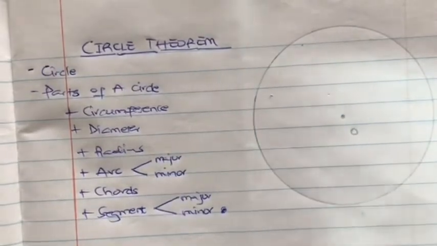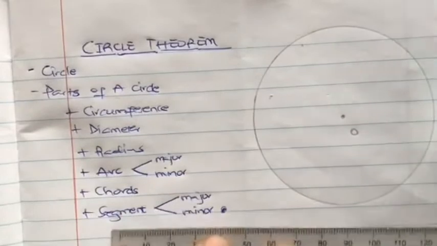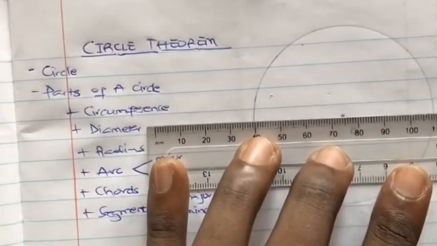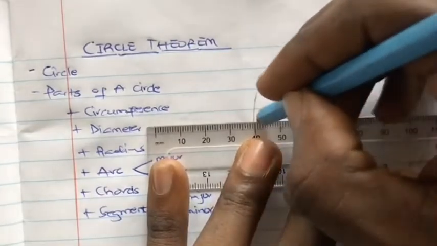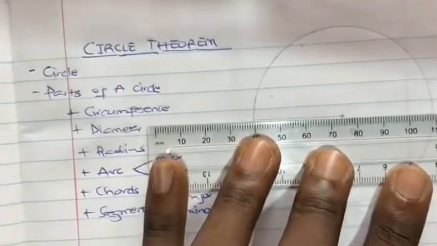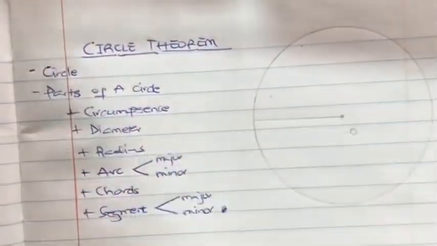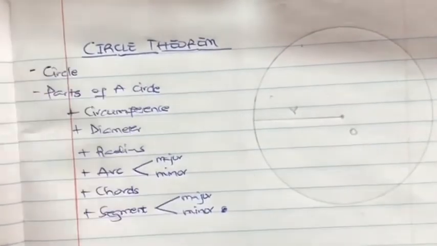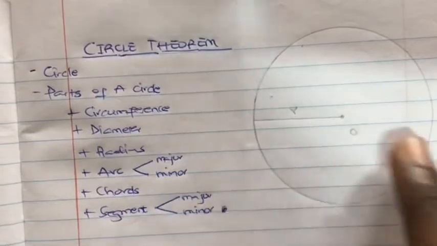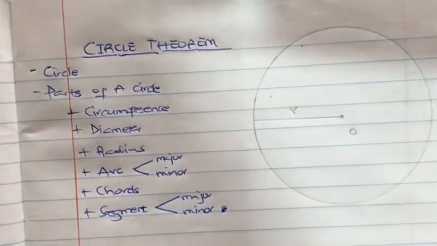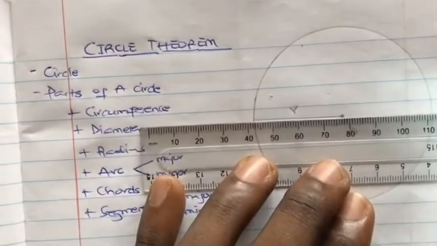We call that distance the radius. So the distance from the center to any point along the path traveled by the point is the radius r. From one point on the path to another point on the path through the center gives us the diameter.